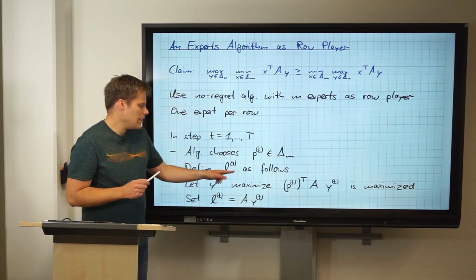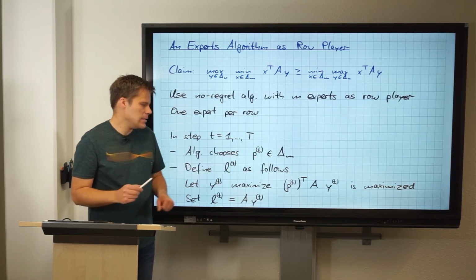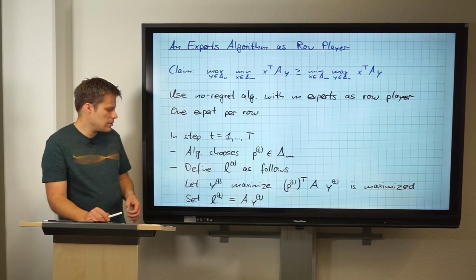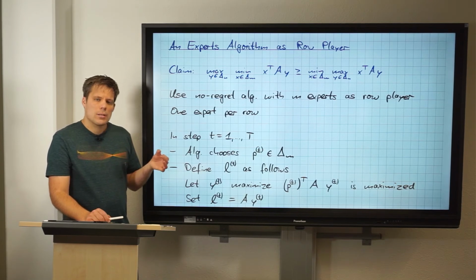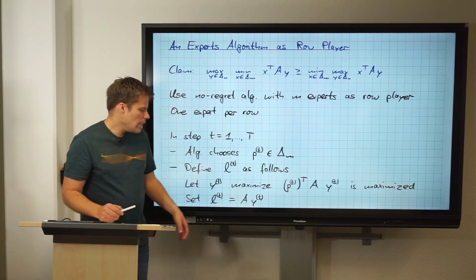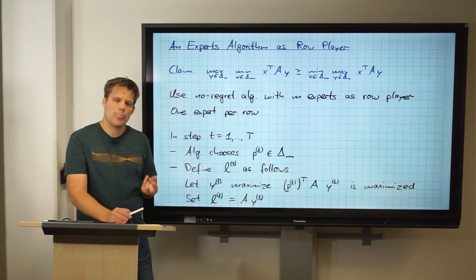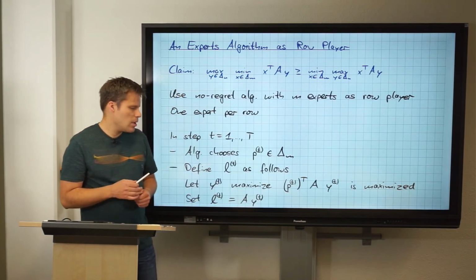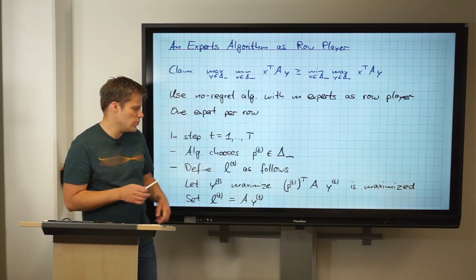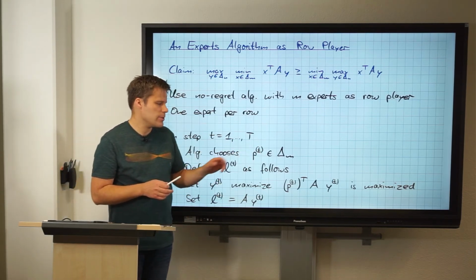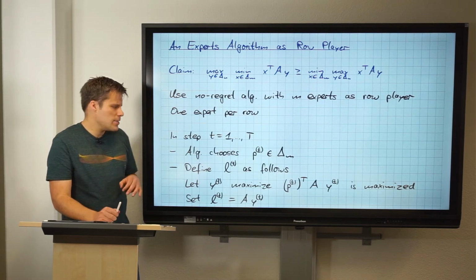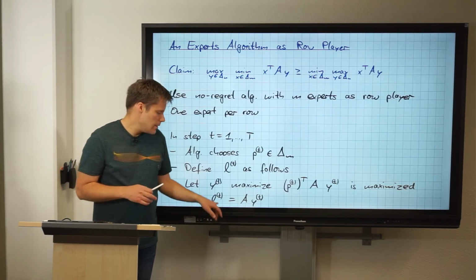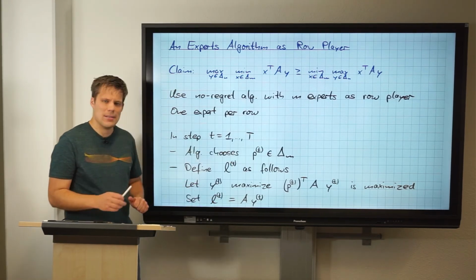So what is it that is happening here? Well, we now define the LT based on the PT. And based on the PT, the LT is what would be the different costs that the row player would incur, keeping this reaction of the column player fixed to how they are reacting to our choice PT. There's one thing that is maybe a bit confusing, because now this LT actually depends on the PT.